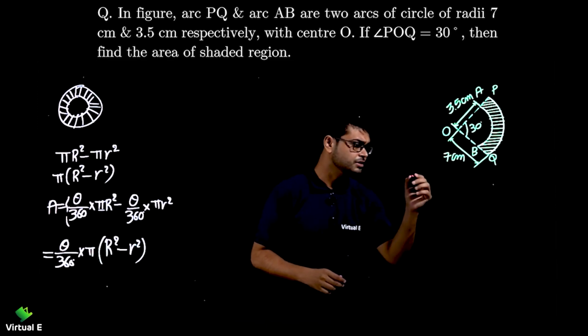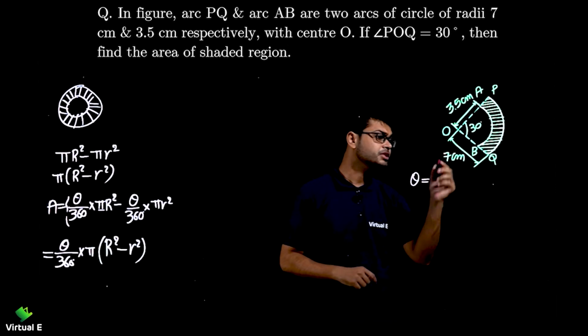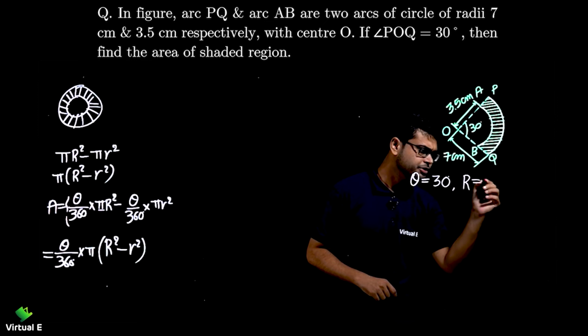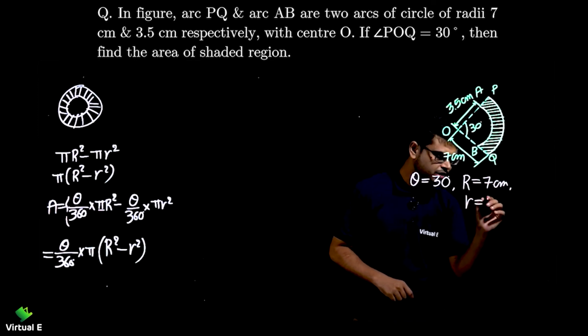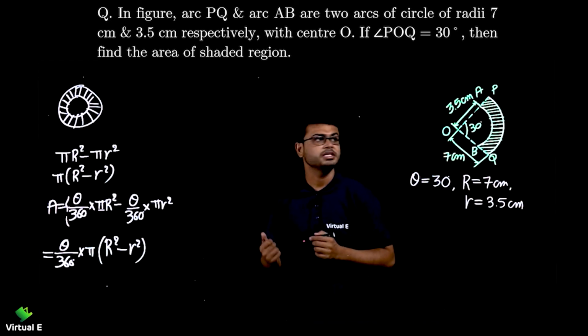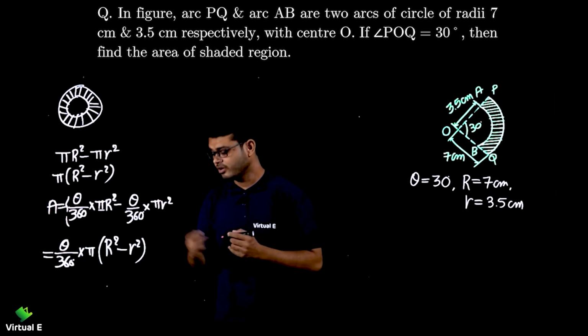Let's write the values. So theta is equal to 30 degrees. Capital R, which is 7 centimeters. Small r, which is 3.5 centimeters. Done? Easy. Now let's apply the formula.